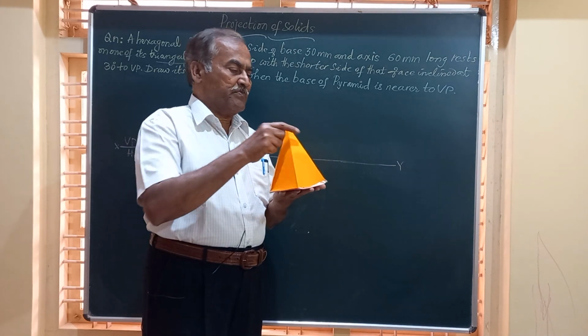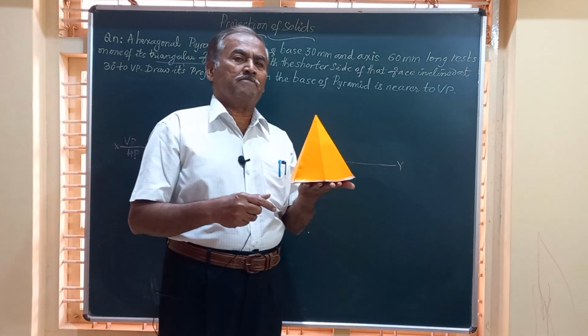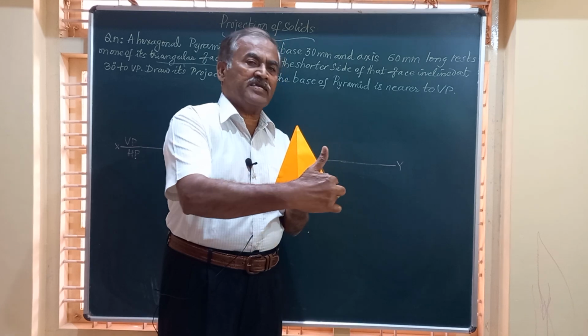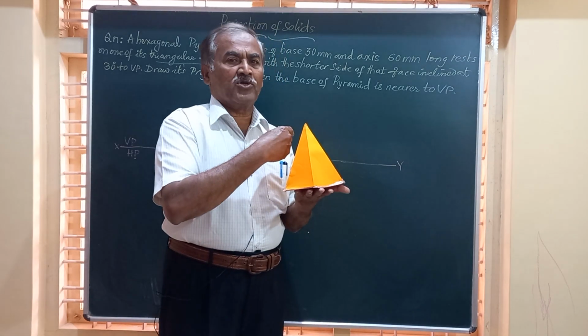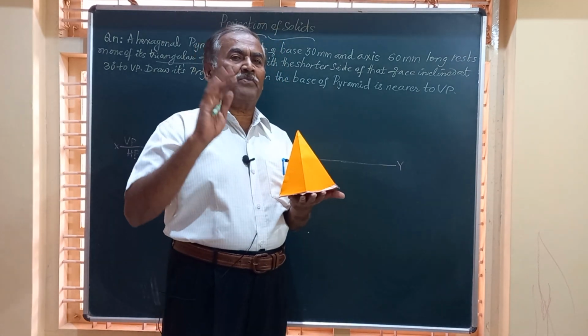So friends, I will place the pyramid on HP such that one of the shorter edges of the pyramid is normal to VP, and obtain its top and front views.